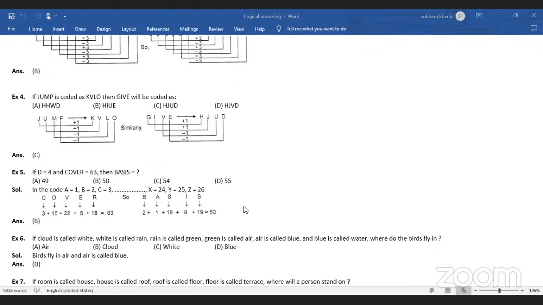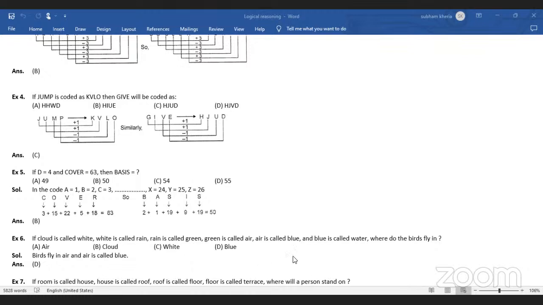Seventh. Terrace. Okay, fine. What is it saying?